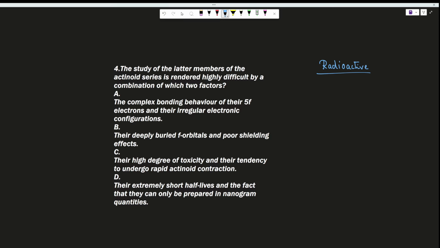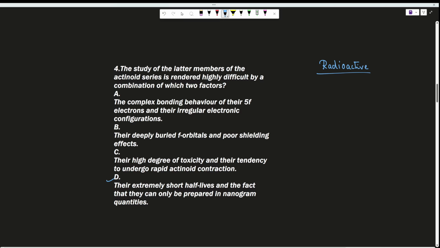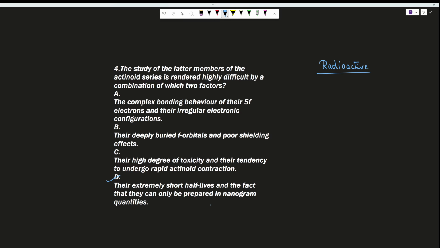But the latter members have extremely short half-lives, from days to minutes, and they can be prepared only in very small quantities, that is, nanogram quantities. These factors make it highly difficult to study these elements. So it is this one: extremely short half-lives, and the fact that they can only be prepared in nanogram quantities.